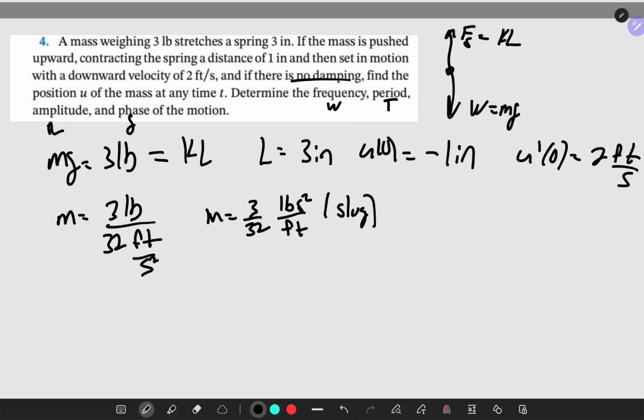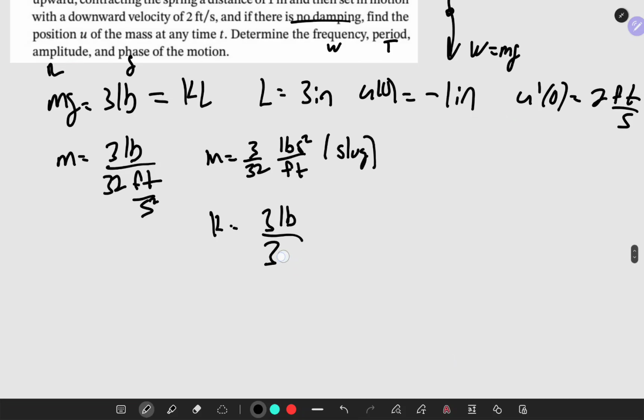Anyways, we have our mass. We need our spring constant. Our length is 3 inches. Now, we should probably convert that to feet. Yeah, I'm going to convert that to feet. So 3 inches in feet would be 3/12 of a foot.